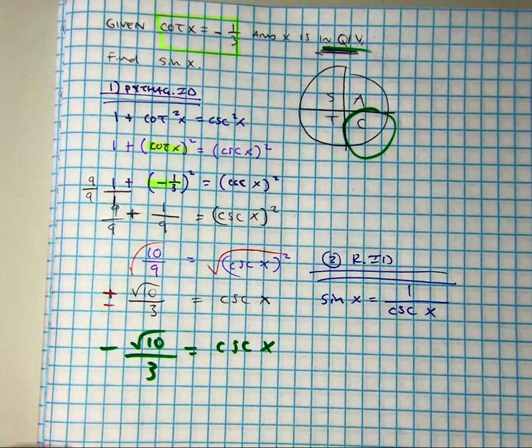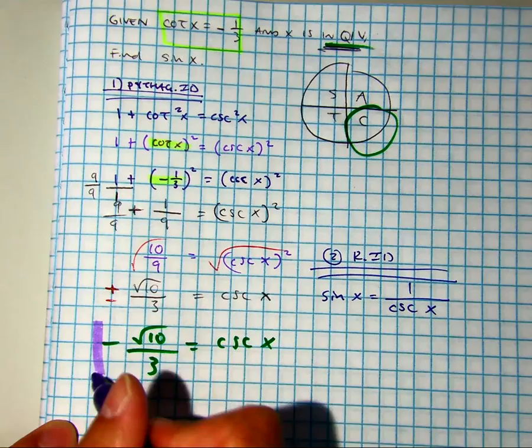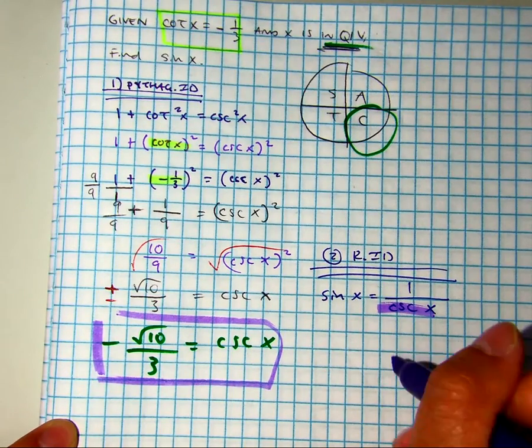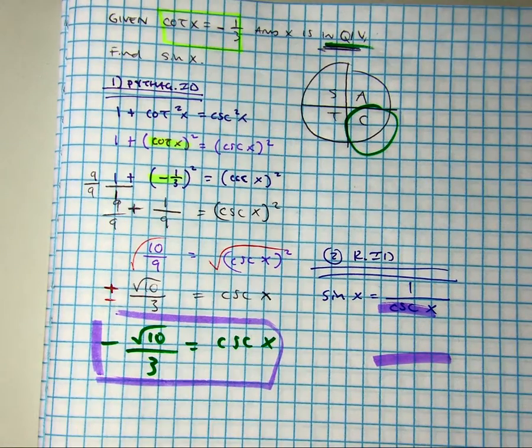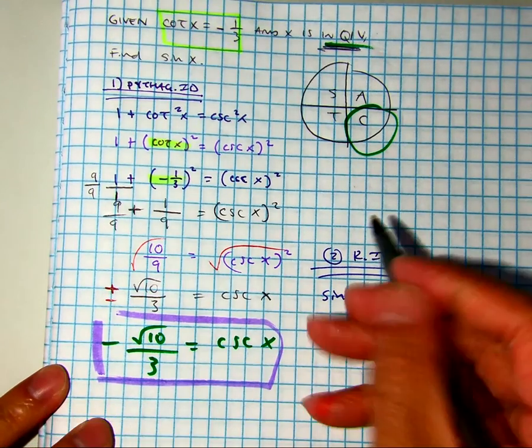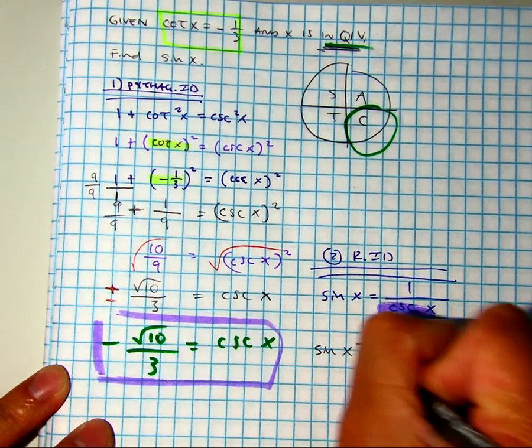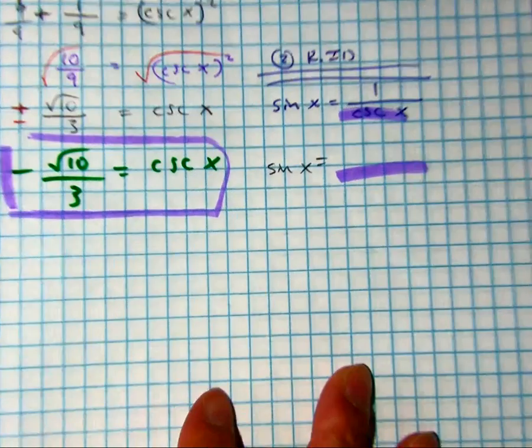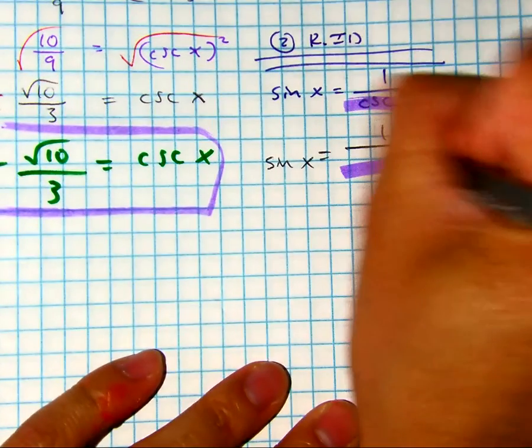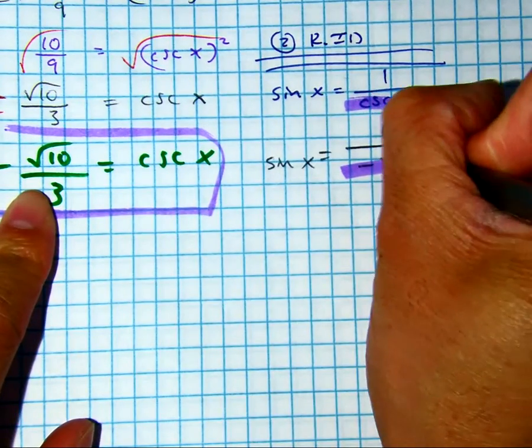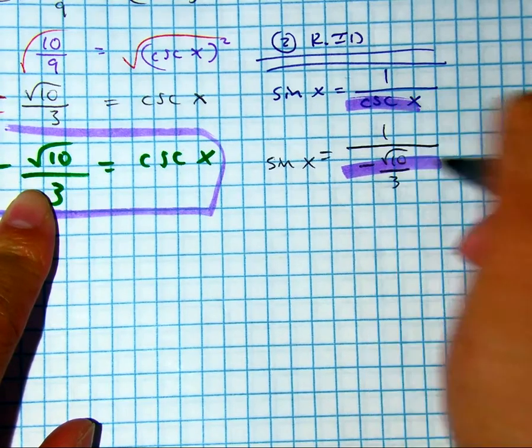We're going to do a substitution. Sine of x equals 1 over negative radical 10 over 3.